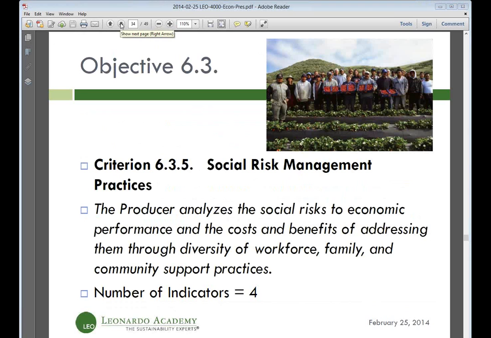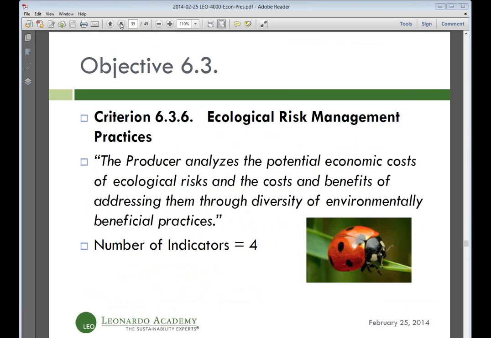Moving on to criterion 6.3.6, this is the same idea. By managing your ecological risk, you're also helping to protect your economic performance. And this actually, although the scope of the standard in general remains within the farm gate, as they say, it's addressing the operations of a specific farm.